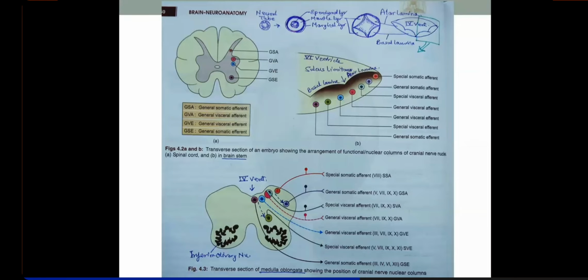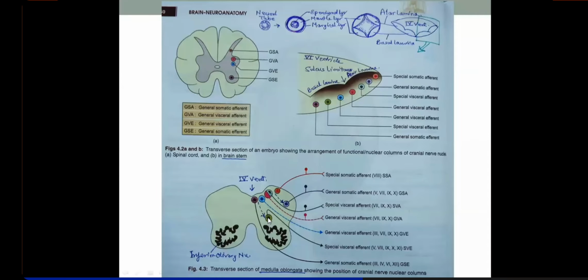So I think it will be very easy for you to remember now. Can you tell me the nerve supply of the first branchial arch? It is the mandibular nerve, right? So you can imagine that there will be fibers for the fifth nerve, the motor nucleus of the trigeminal nerve, which moves along with the mandibular nerve.